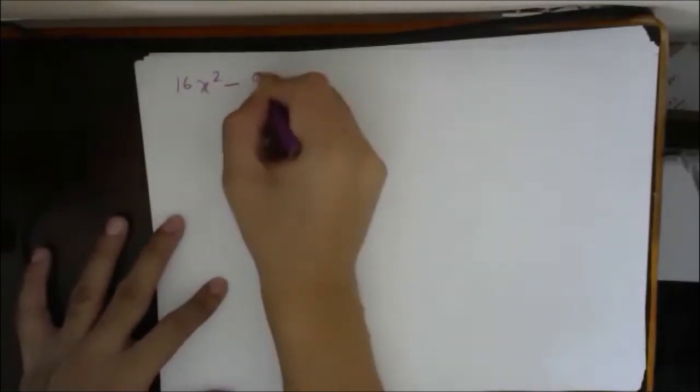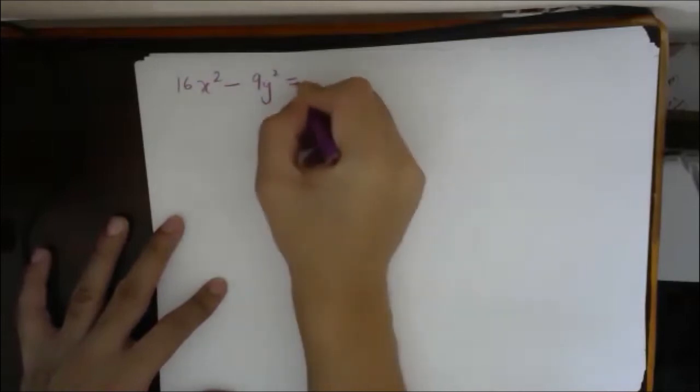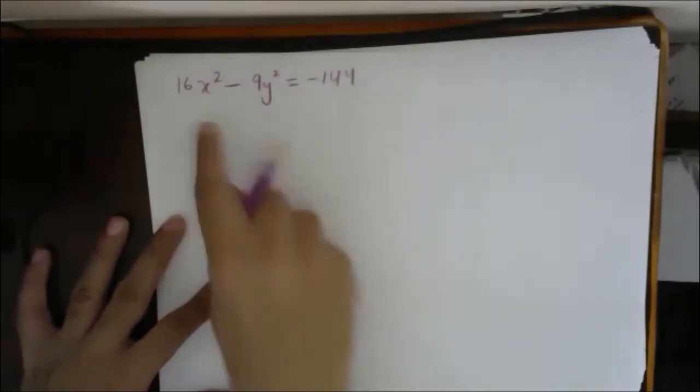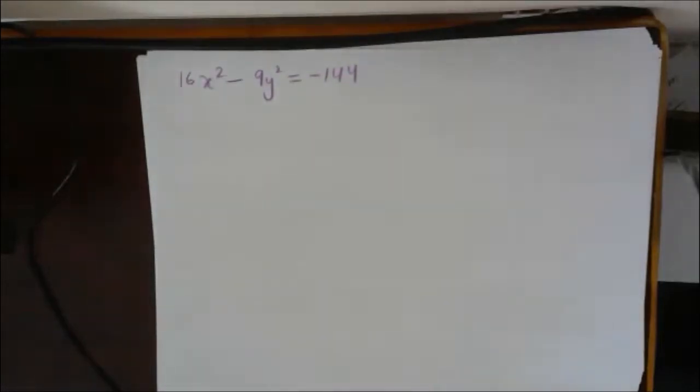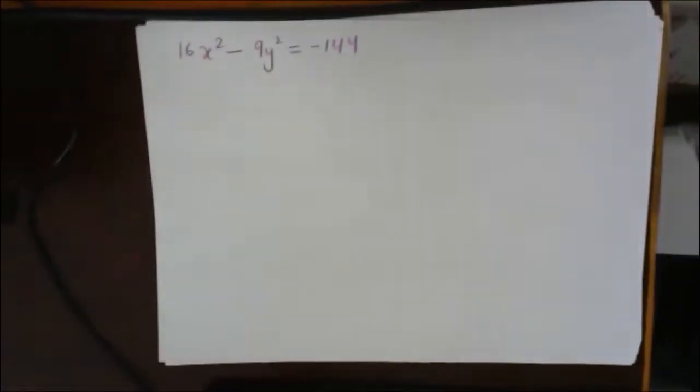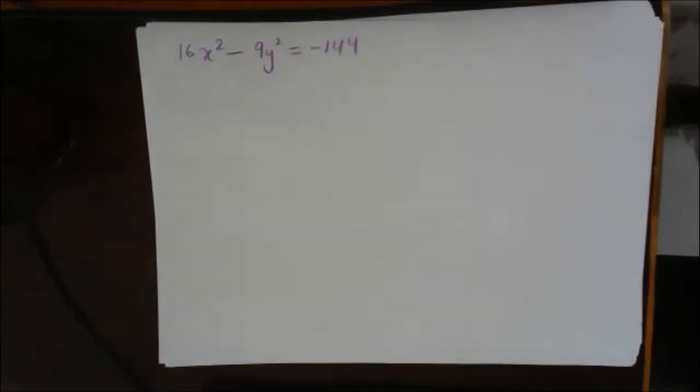So for the next one, let's write a different kind of hyperbola: 16x square minus 9y square is equal to minus 144. Now for the same thing, just try to find out everything which has been asked: latus rectum, directrix and everything.